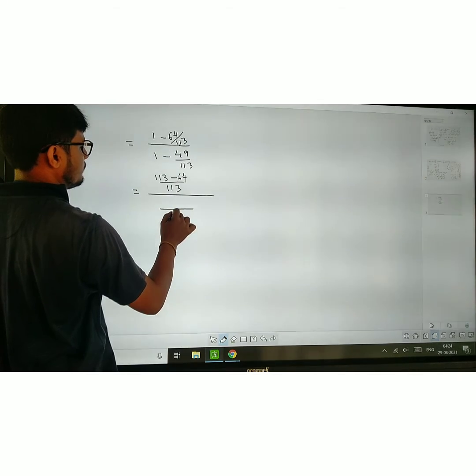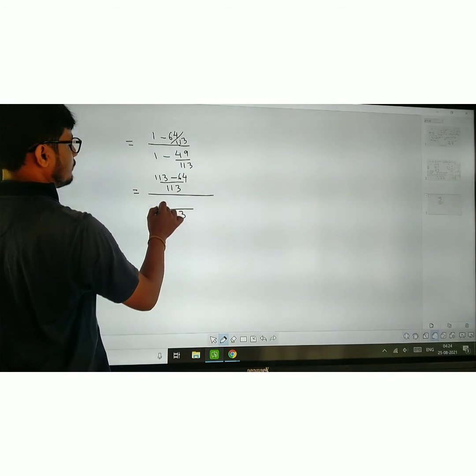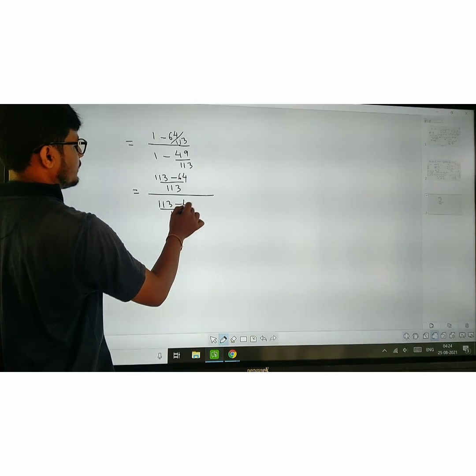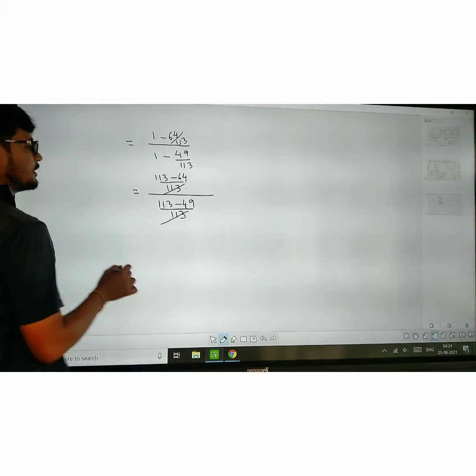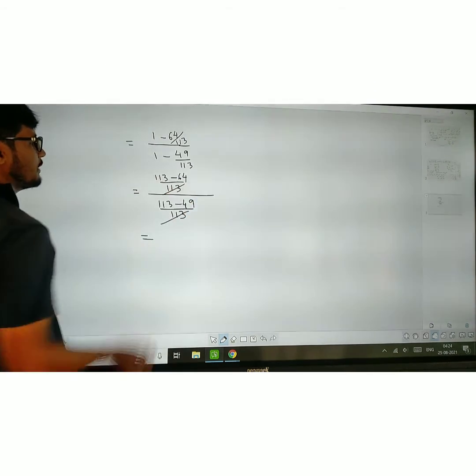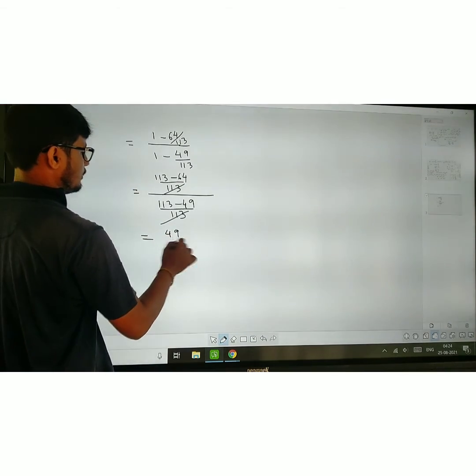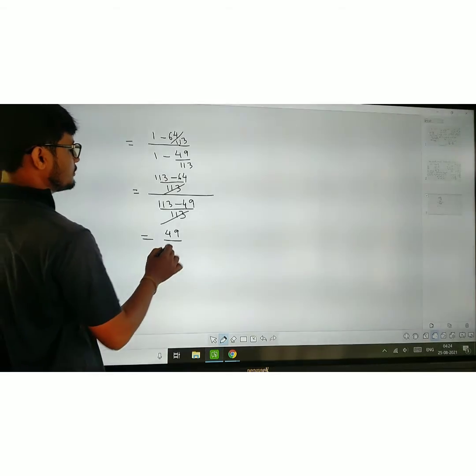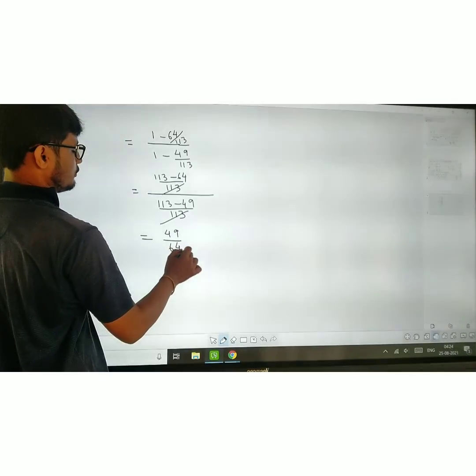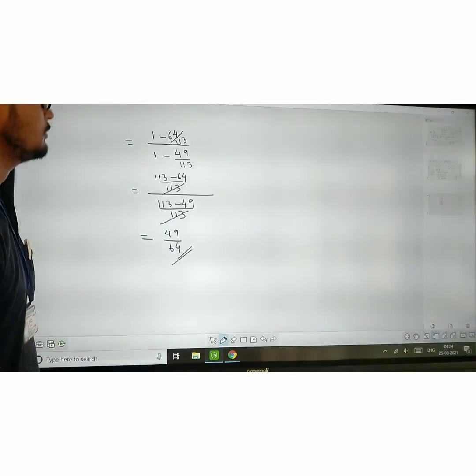They also same, 113 minus 49. 113 can be cancelled. So 113 minus 64 is how much? 49. And 113 minus 49 is how much? 64. So this is your answer for the first one.